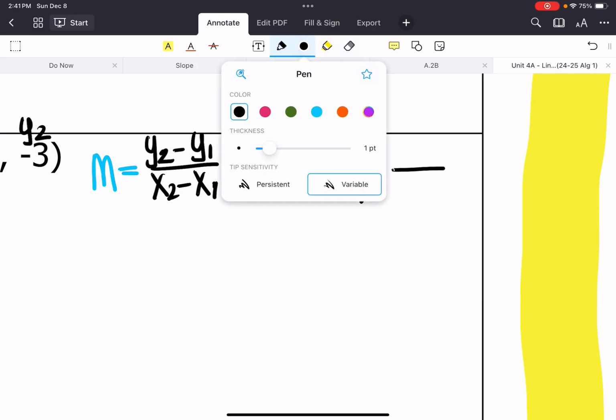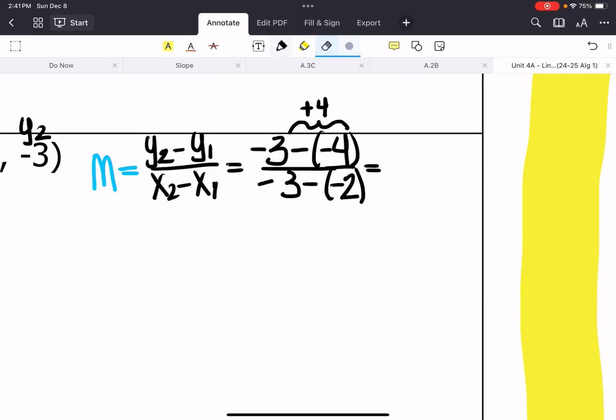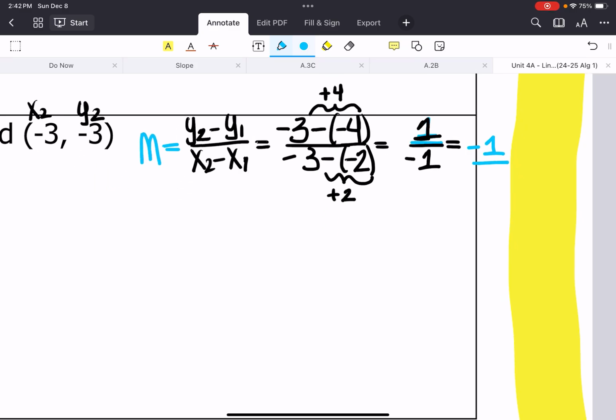So here I have negative 3 plus 4, giving me a positive 1. And then on the bottom, same thing. You have that double negative, turning it to a positive. Negative 3 plus 2 gives you a negative 1. So when you simplify this, 1 divided by negative 1 is just going to give you negative 1 as your slope.